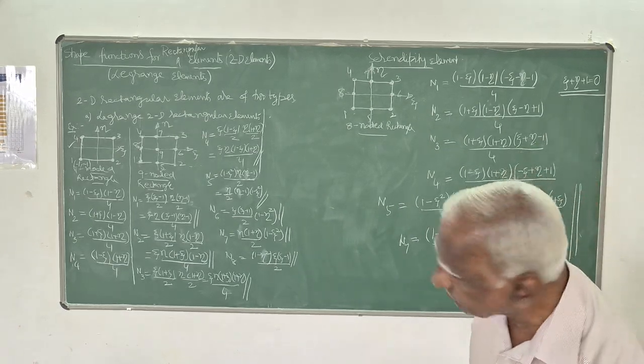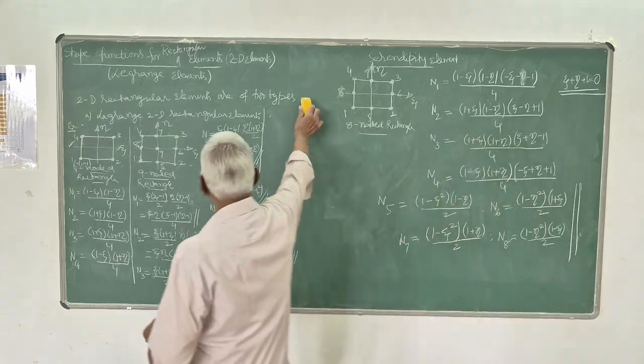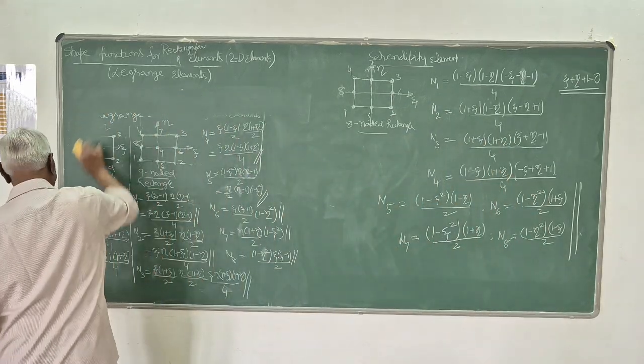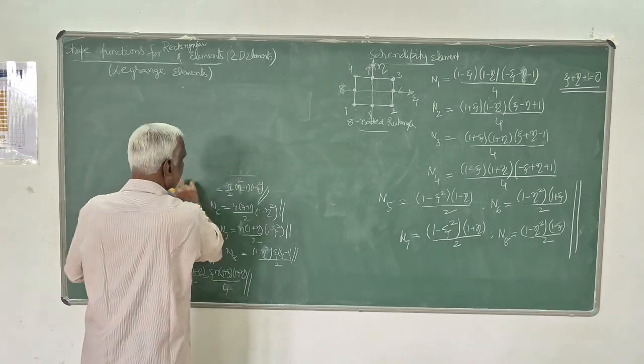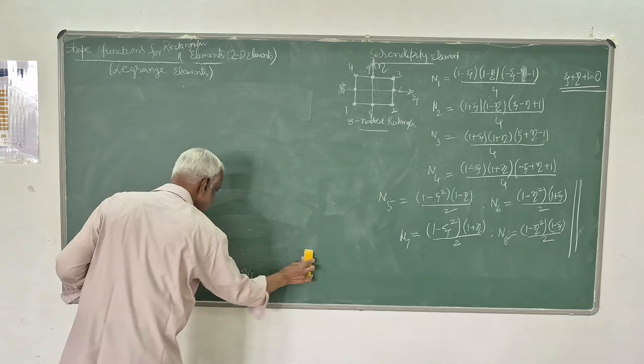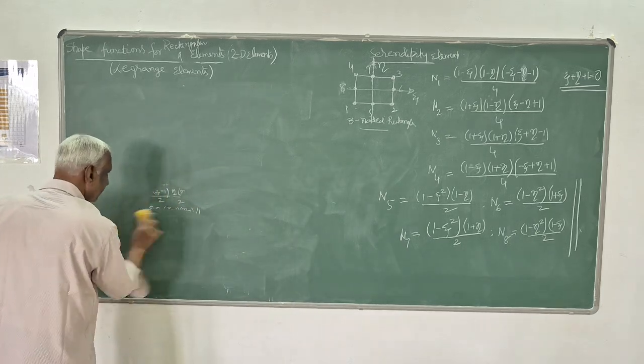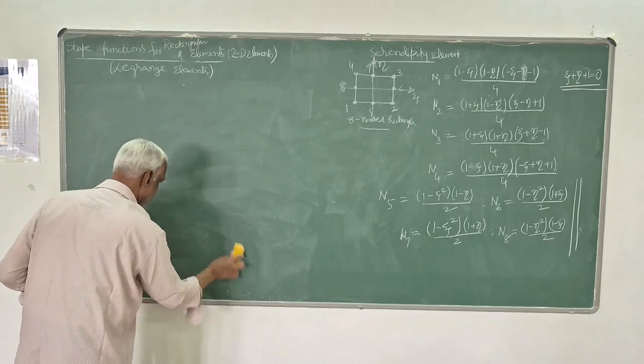Now coming to the main difference between the Lagrange element and the serendipity type of element, you can observe it through the Pascal triangle.